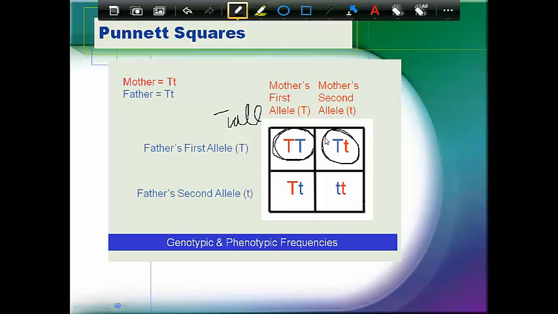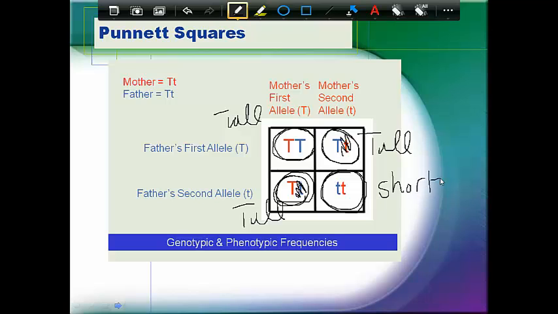These 2 have a tall with a short, but remember the tall is dominant, so it covers up that recessive short allele. So these guys are also tall. The last one has 2 little t's, so it has 2 recessive alleles together, 2 shorts, short, short, so this offspring has the potential to be short.